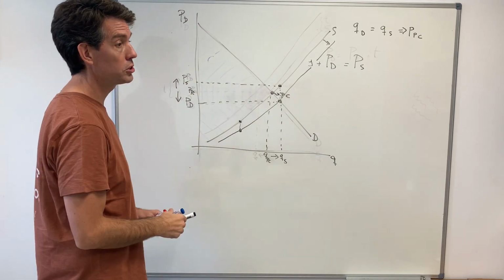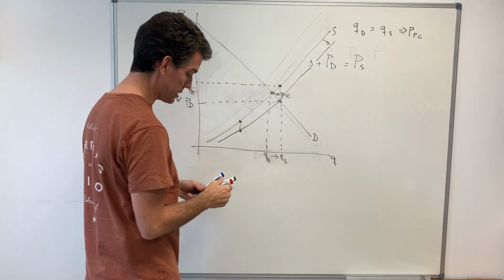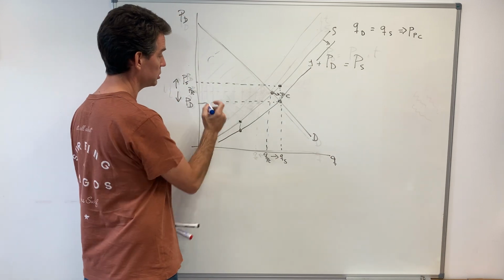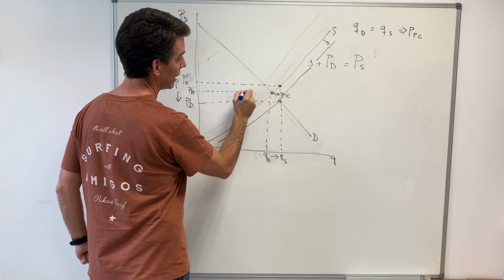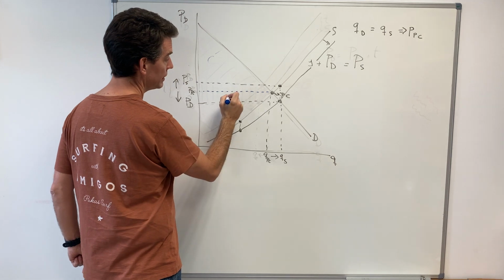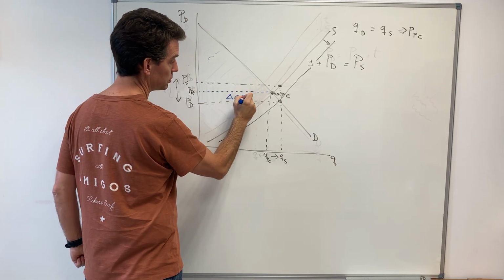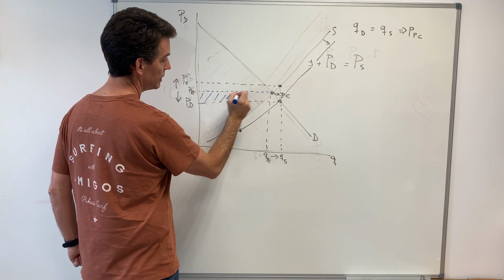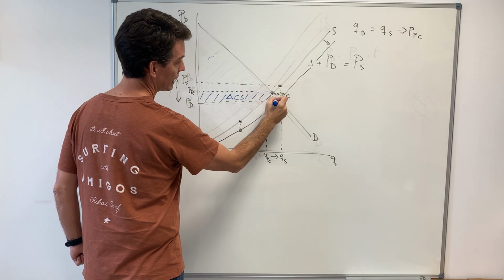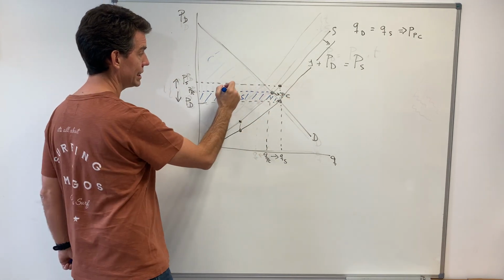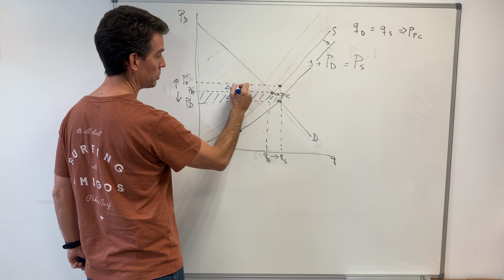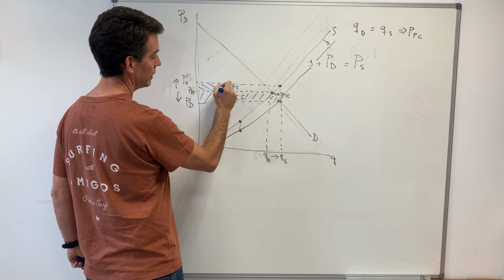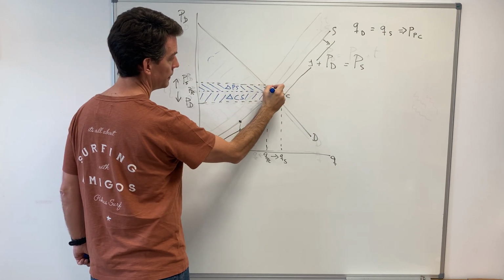The consumer surplus and the producer surplus have increased. By how much has the consumer surplus increased? I'm not calculating the consumer surplus. I'm saying that the change in the consumer surplus is this trapezoid that I'm highlighting down here, while the change in the producer surplus is this other trapezoid I'm highlighting up here.